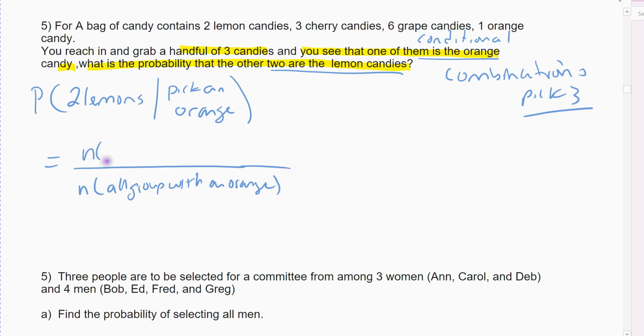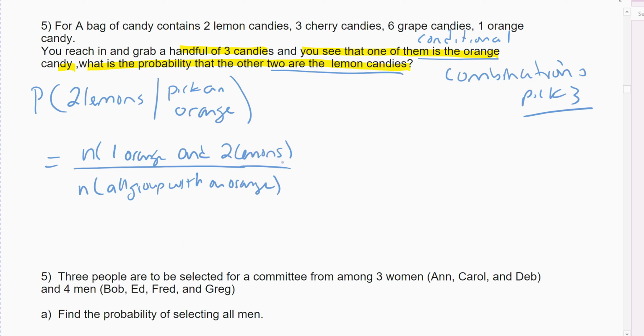Up top is the group with an orange, so 1 orange, and the rest of the handful filled by lemons. The probability I picked the orange candy and the other 2 are lemons. So I'll get 1 orange and 2 lemons.